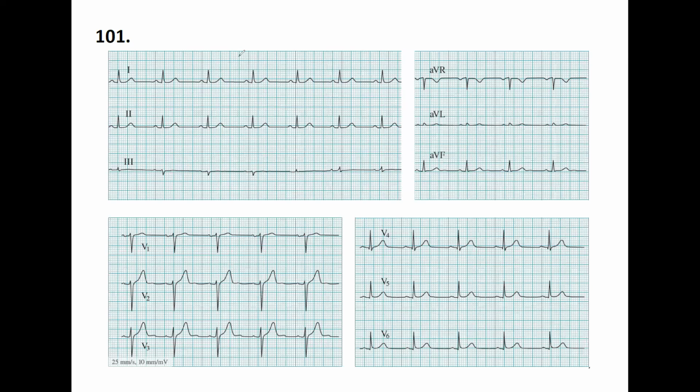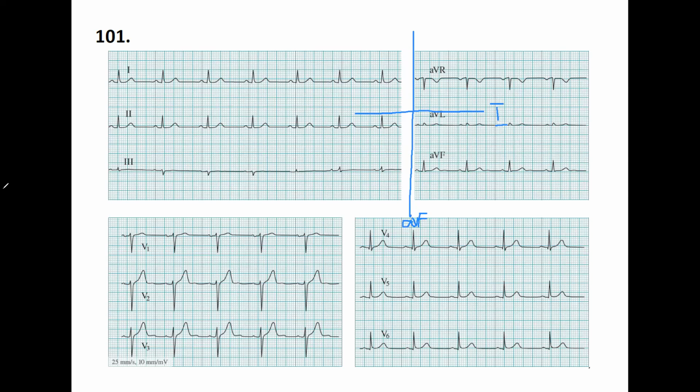How do we do the axis? There are several ways. One is the best one, the quadratic approach. What they are using for a quadratic approach, okay? This is the quadrant, so we do have all 360 degrees, and there are two leads that can divide this whole circle, lead one and AVF, into four different quadrants.